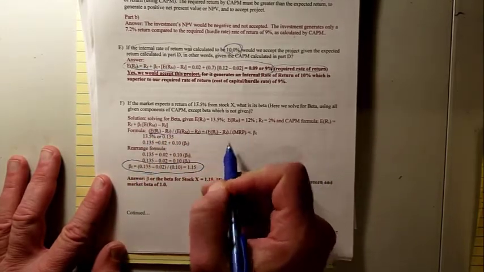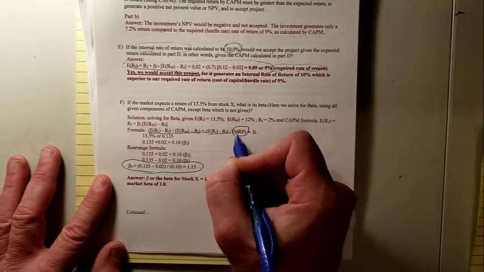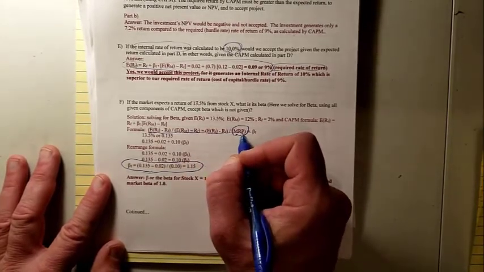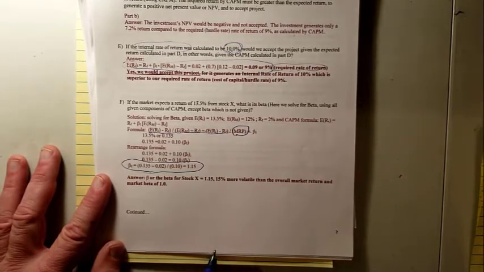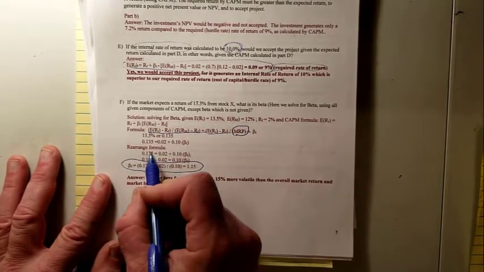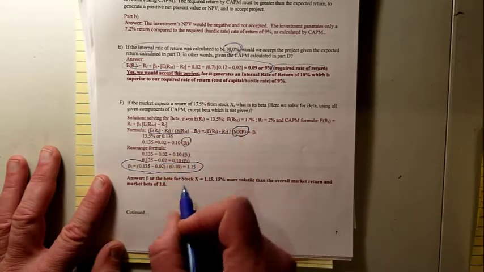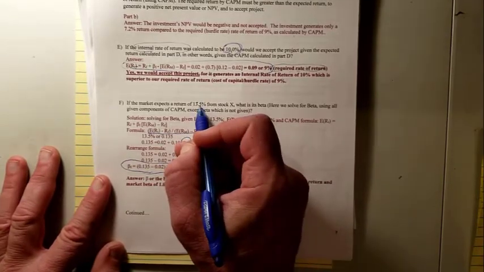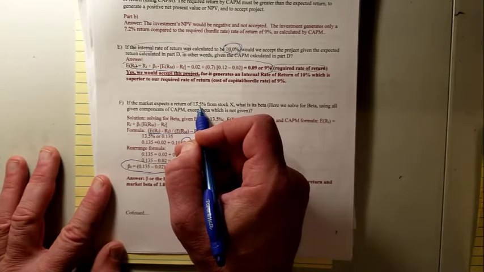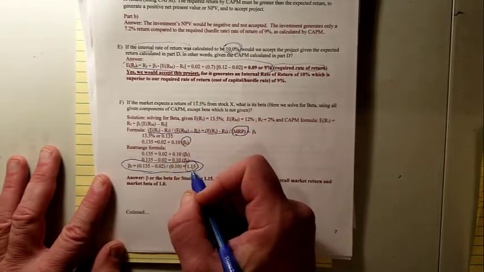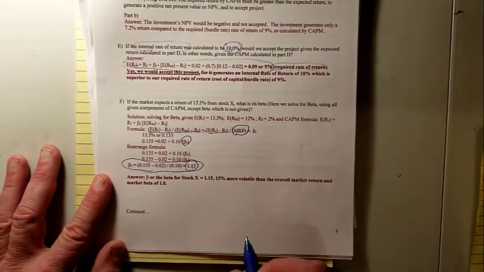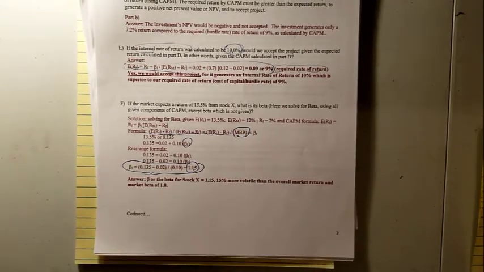All right, and this is the market risk premium, or the expected return on the market less the risk-free rate. And so when you solve for beta, it's earning an expected return of 13.5%. Its beta is 1.15, a little more risky than the market, 15% more risky as a matter of fact.